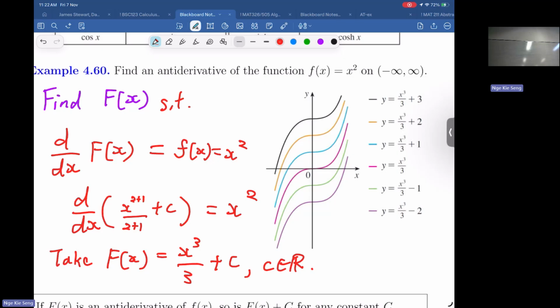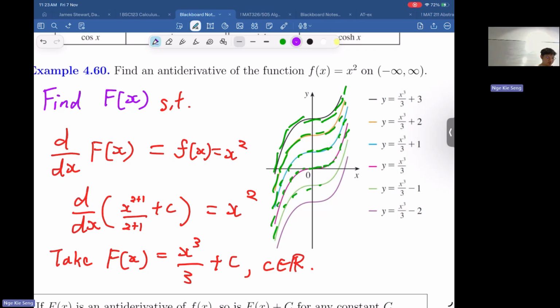If you draw tangent lines on all these curves, they should change the same way, no matter what your y value is. So that's why their derivative is the same. The way that the tangent line changes is the same.